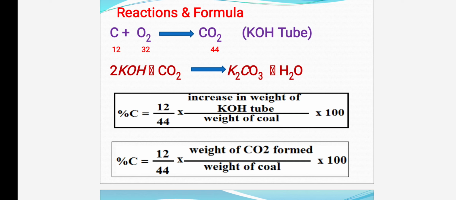Likewise, for carbon, the increase in weight of the KOH U-tube, divided by the weight of coal sample, multiplied by 100. If you compare these two formulae, percent carbon and percent hydrogen: for carbon, 12 divided by 44; for hydrogen, 2 divided by 18. For carbon, the increase in weight of the KOH U-tube; for percent hydrogen, the increase in weight of the CaCl2 U-tube.